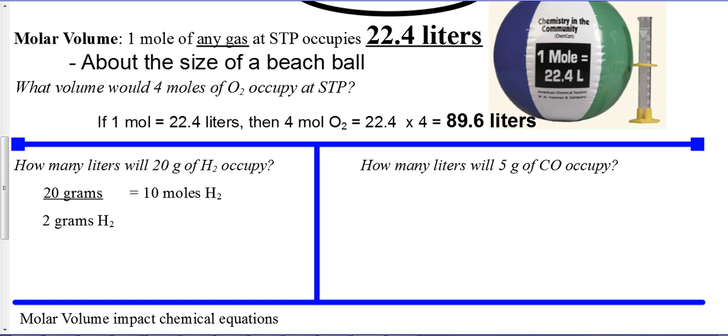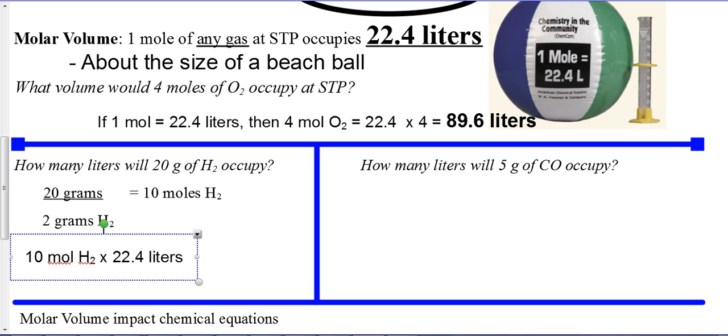Okay, so now that I have 10 moles of hydrogen, what I do is I multiply it by 22.4 liters. Why did I do that?